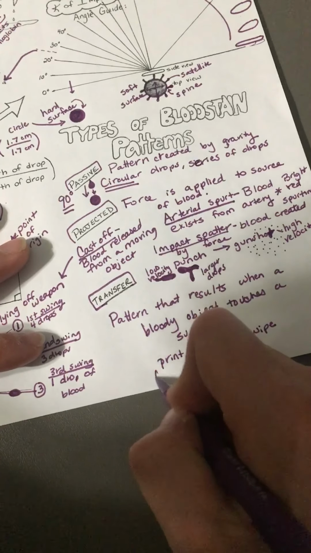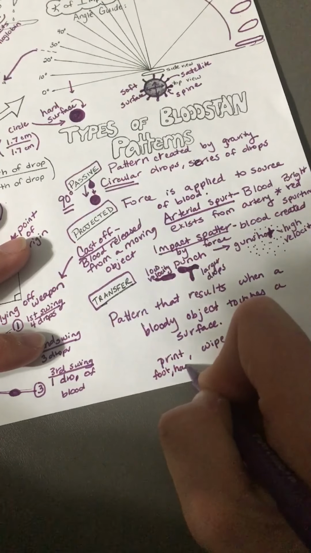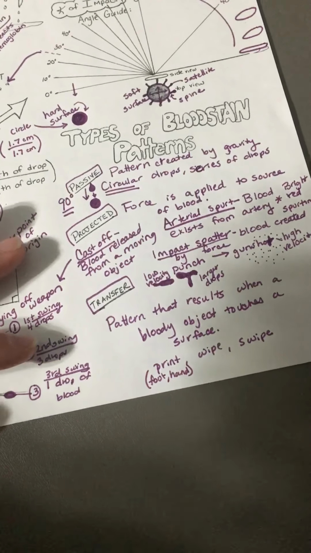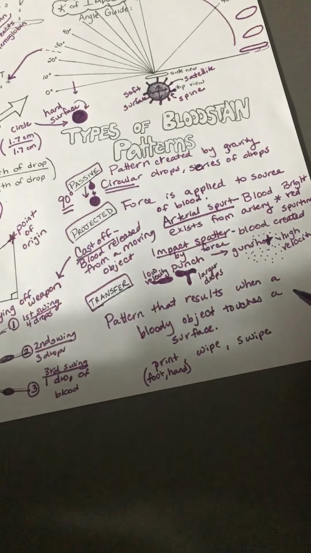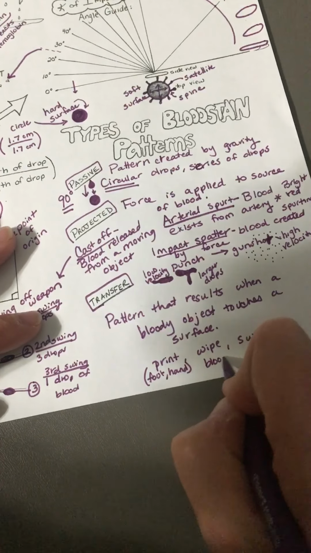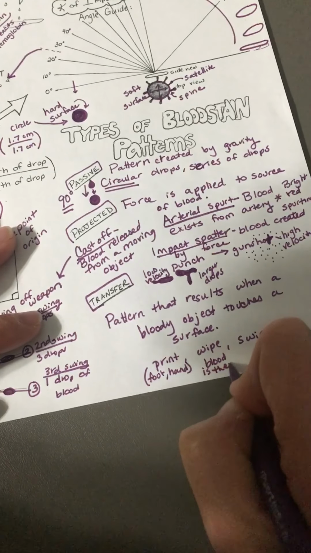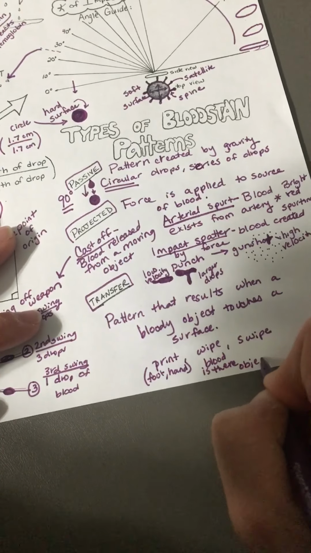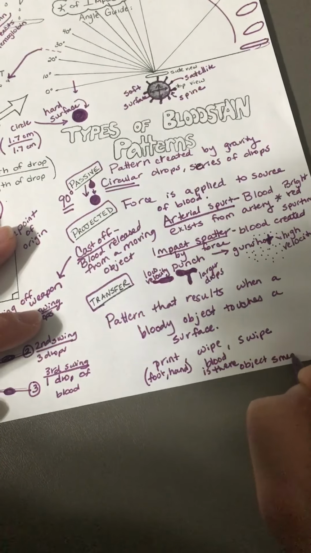So a print could be either a foot or a handprint, nose print, I guess. A wipe is where there's an object that wipes through the blood. So blood is there, and then an object sort of smears it around.